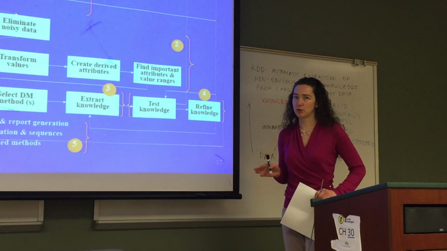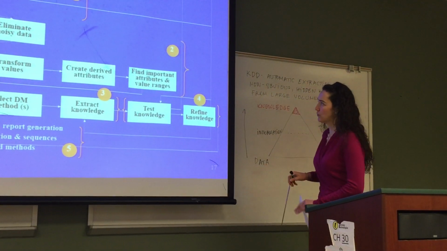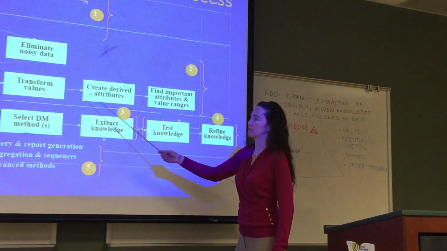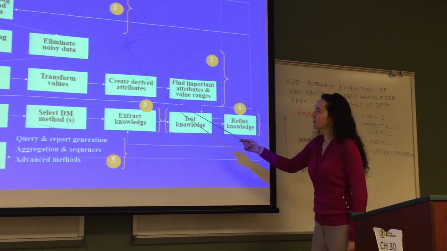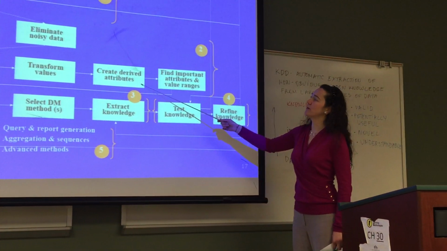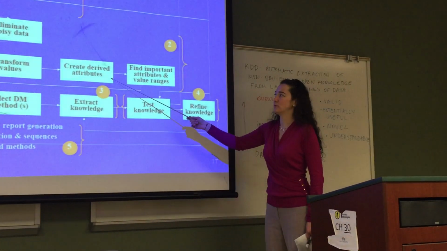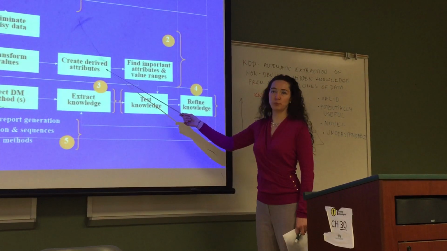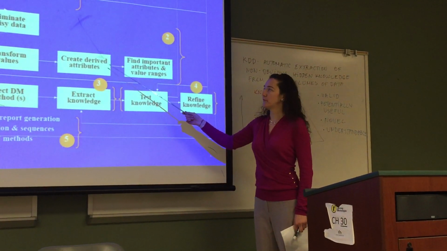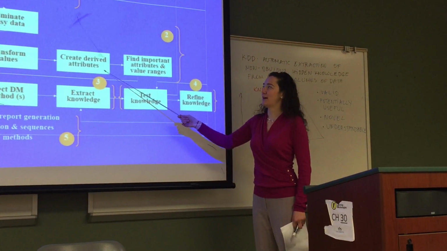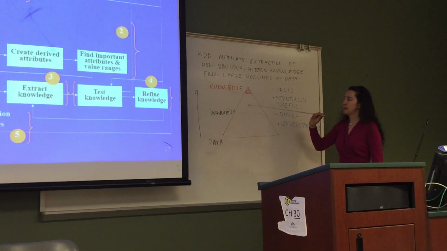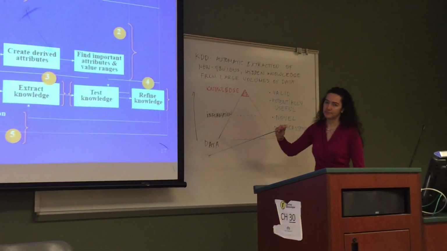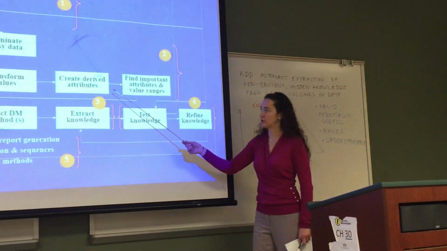That's too much information. So we might have to do some sort of transformation to make our mining work. Sometimes we are even creating whole new attributes based on the attributes that we already have, but for the most part, we don't want to do that. We are trying to reduce the data and not create more data, unless it's absolutely necessary.